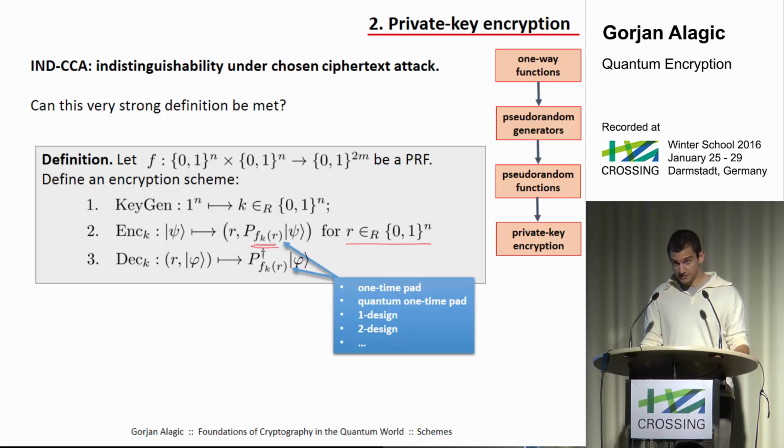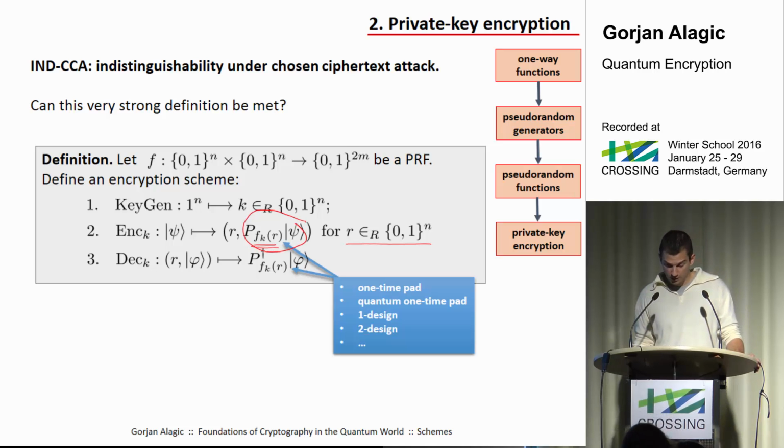Then, based on the bits that we get out, we apply the one-time pad, if it's classical information, the quantum one-time pad, or a two-design, let's say if we're trying to preserve non-malleability. Now this state you should think of as being randomized appropriately. The only other thing that we provide as part of the ciphertext is this randomness string in the plain. So the entire ciphertext is this pair: the randomness that we generated, and this randomized state.